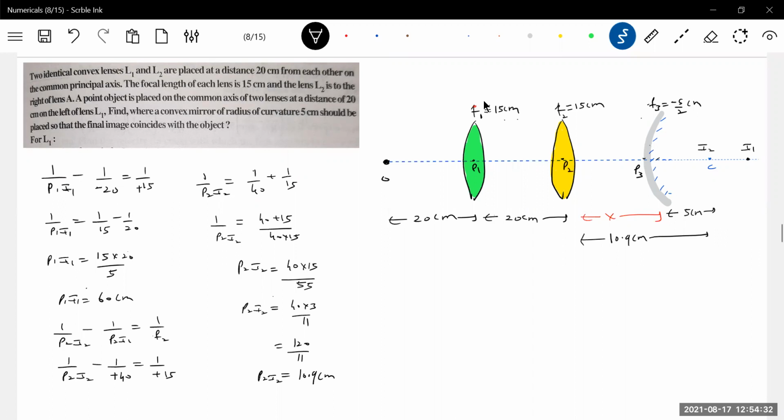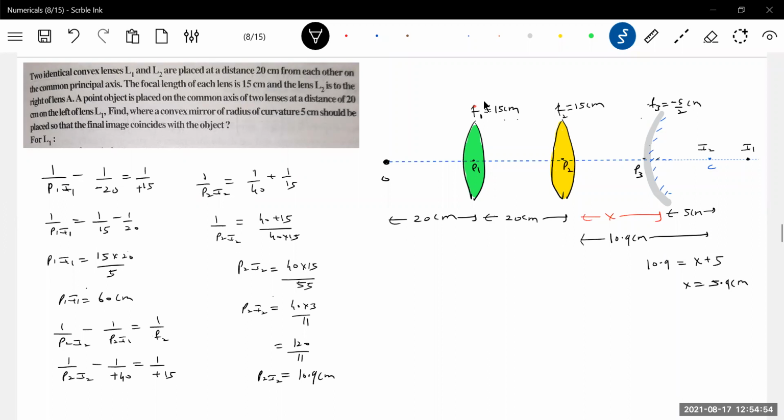Check how much it will be. 5.9 is what I'll get as one answer. Now, X is what? 10.9 equal to x plus 5, x equal to 5.9 centimeter. This is the one thing.